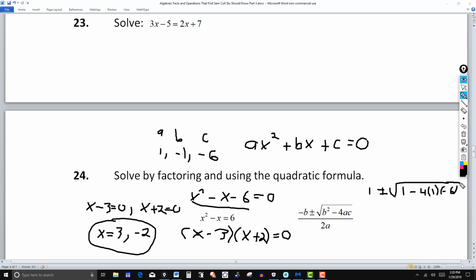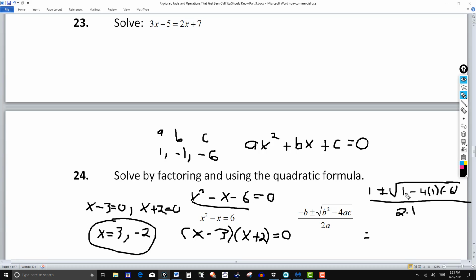So 2 times a, so this would be 2 times 1. Then we work inside the radicand here, I get minus 4 times 1 times minus 6, that's plus 24. And then plus 1 is a positive 25.